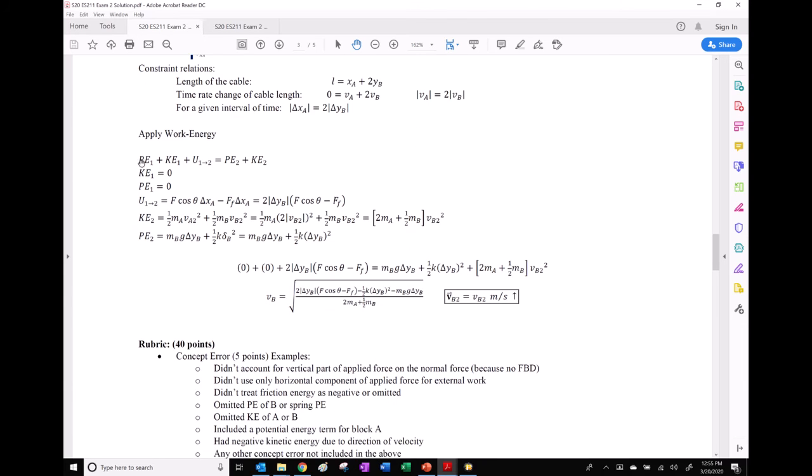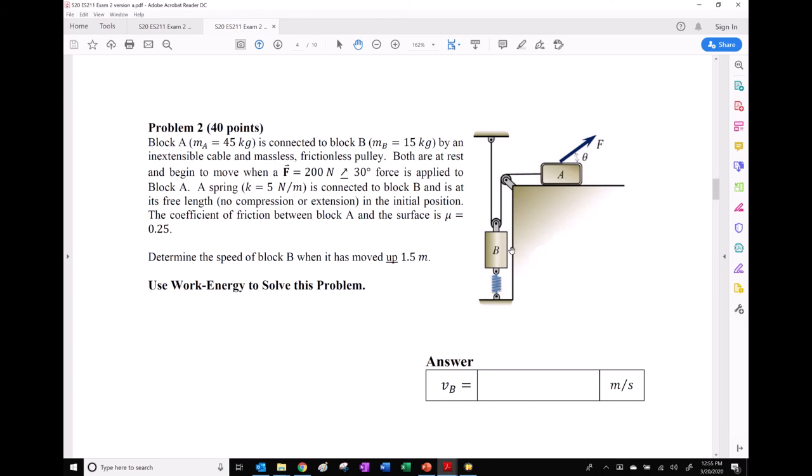So we apply work energy. It's good to write this out horizontally and then come down vertically one after another and ask myself, it starts at rest. We're going to create a datum, probably for B, for this mass B right here.